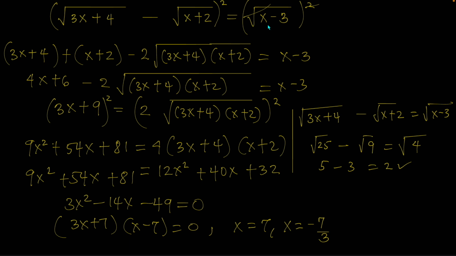So in that case, we'll have to discard the negative 7 over 3 and stick with x equals 7 as the answer.